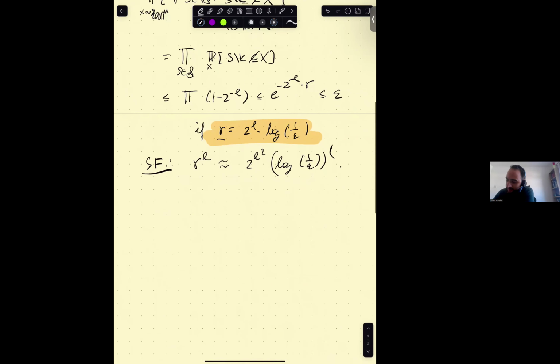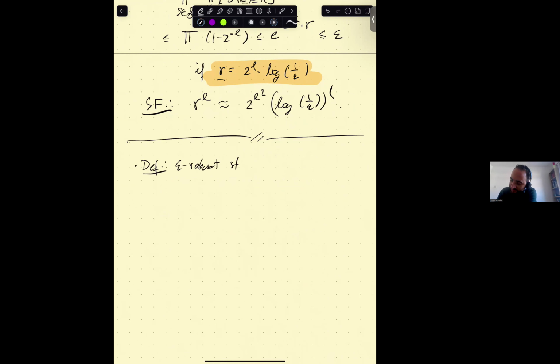Right. So we can go to, I mean, we kind of reviewed it now, but the epsilon robust sunflower is this set S such that the probability that there exists some guy there, which you color 1, is at least 1 minus epsilon, where the core is just the common intersection.